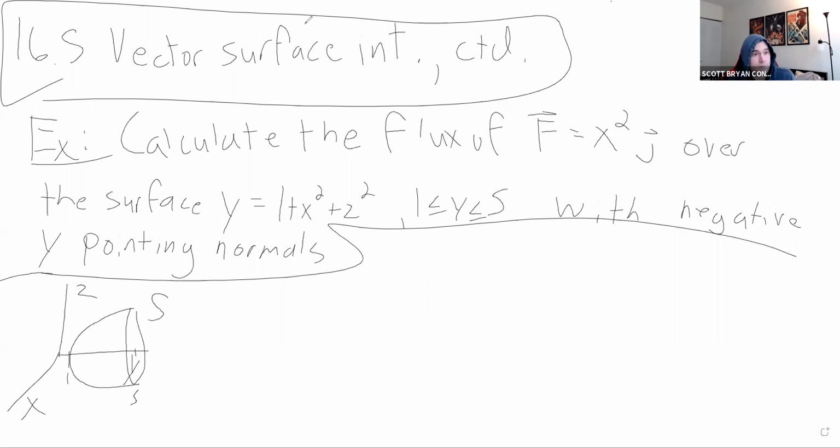Okay, so we need to parameterize our surface. There are different ways to do this. The easiest one is to do it as the graph of a function, except it's not z equal to a function of x and y. Now we have y by itself, and we're writing y as a function of x and z. But we use exactly the same idea to parameterize it.